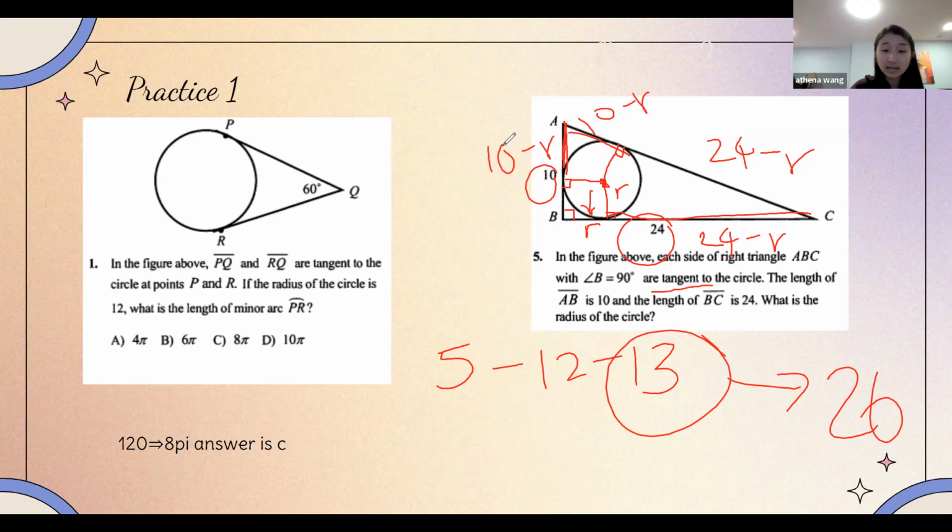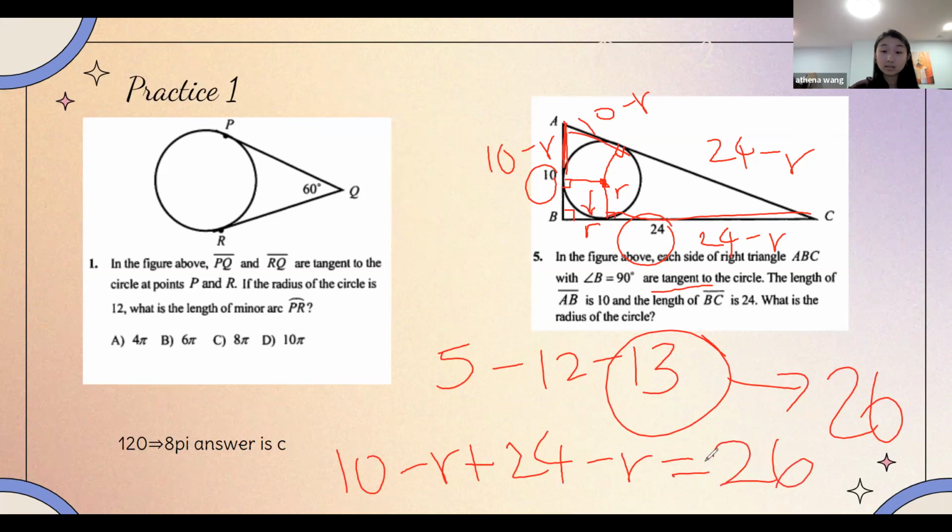So that means that 10 minus r plus 24 minus r is equal to 26. Let me erase some of this stuff.